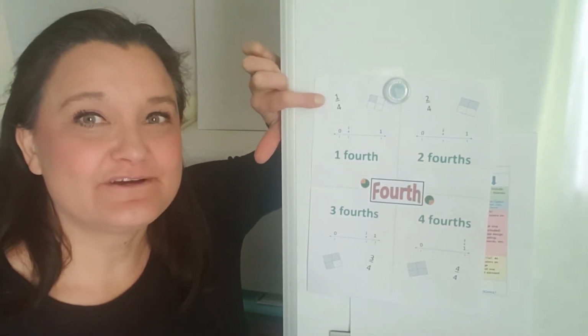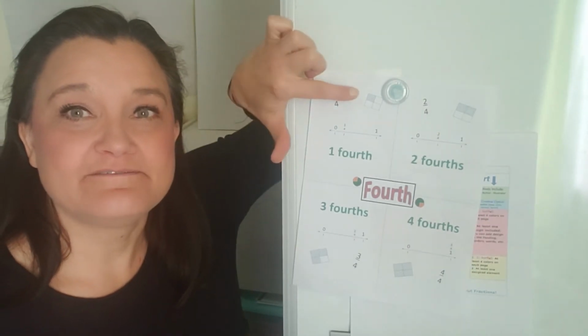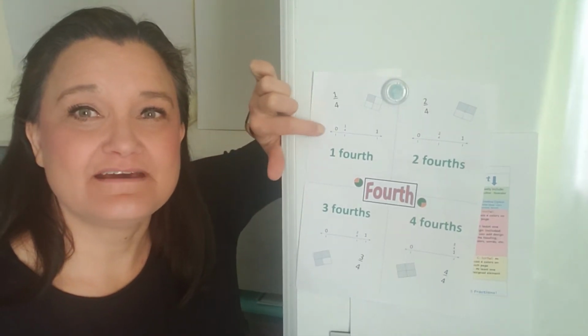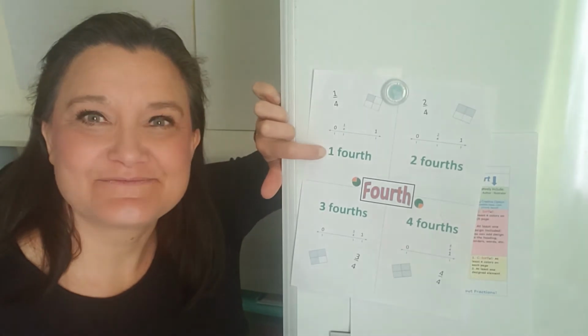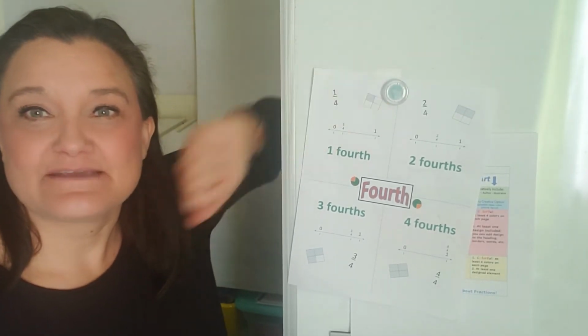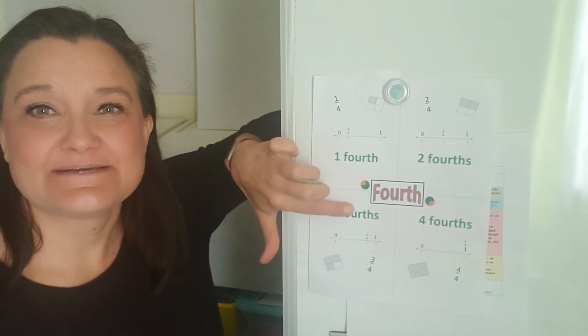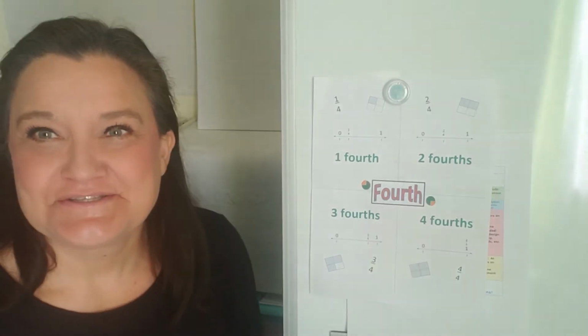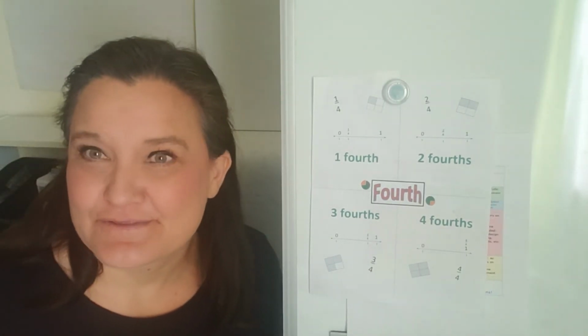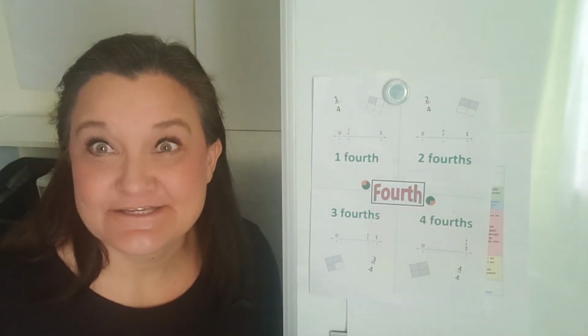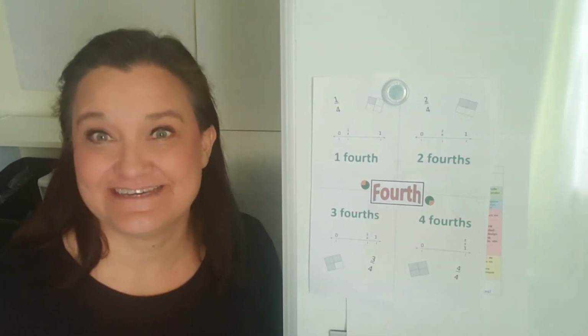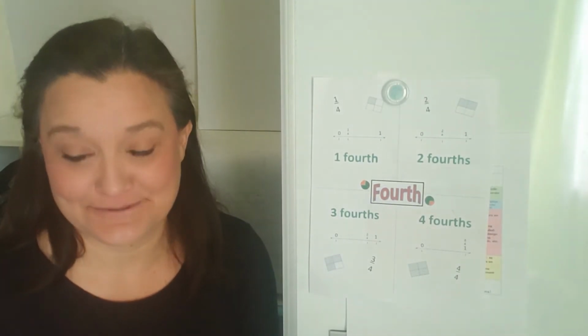So I have 1/4 as a fraction, 1/4 as a picture, 1/4 on a number line, and 1/4 as a word. Then I did the same thing with 2/4, 3/4, and 4/4. So you can do it on the computer, you can do it with markers, you can do it with crayons. You could paint it if you have paints at home and you'd like that more.